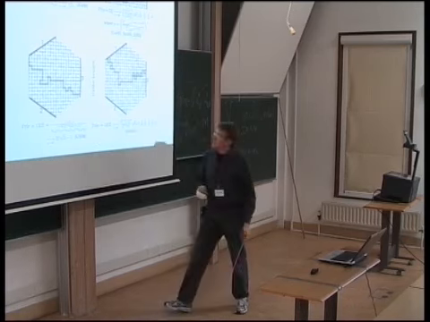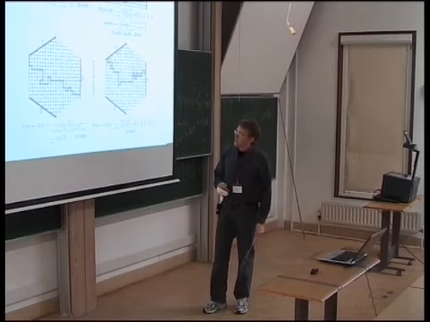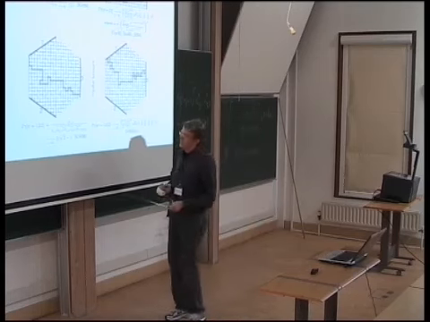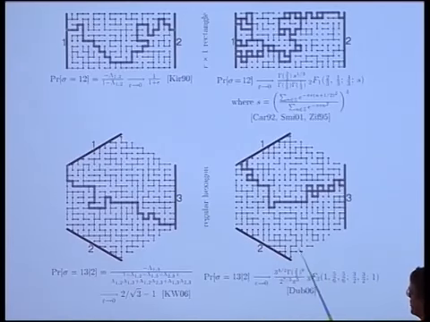This one's a regular hexagon, and so here again, in this picture, the analogous question is clear. Each bond occurs independently with probability half still.